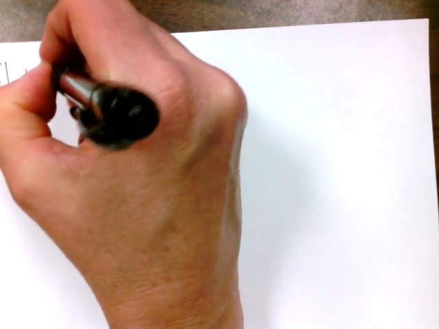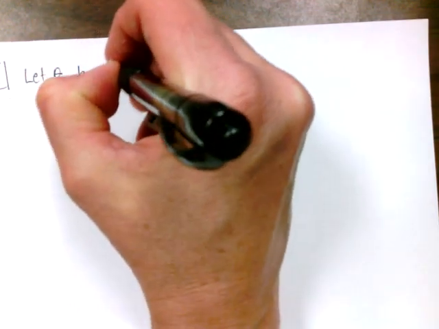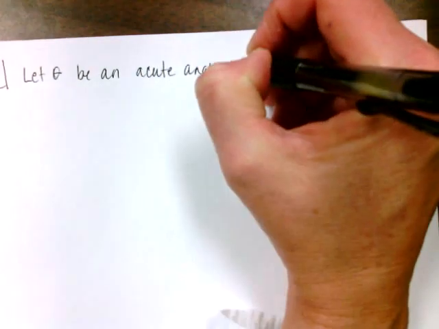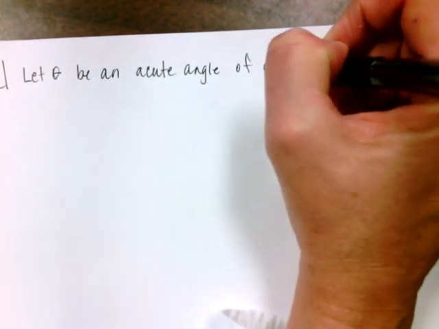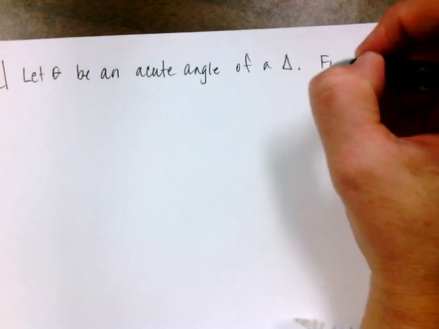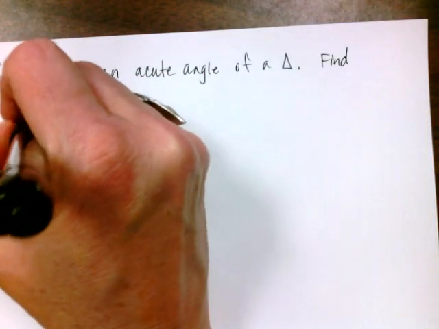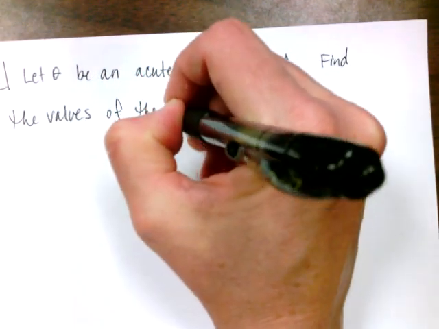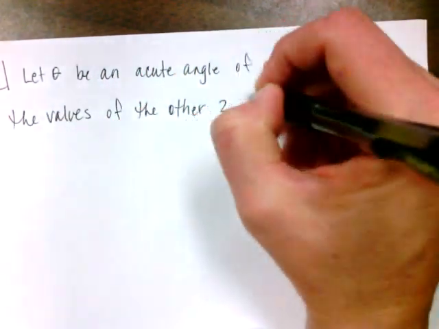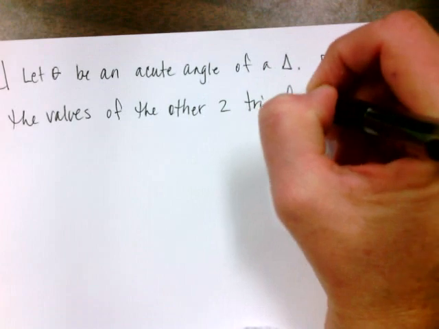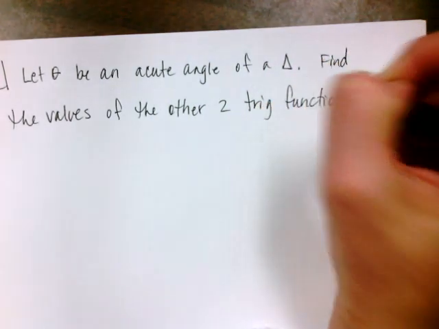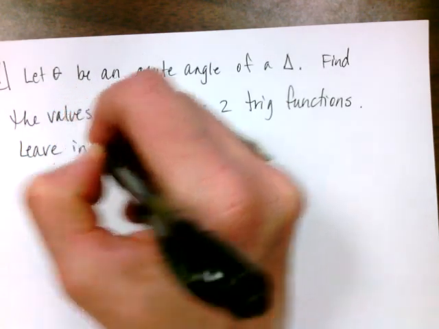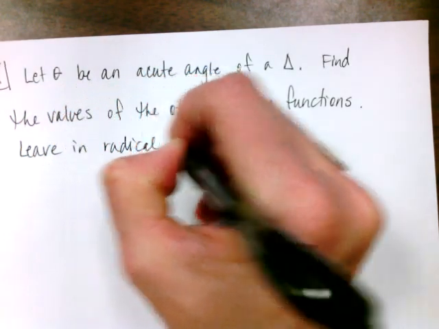It says let theta be an acute angle of a triangle. Okay, find the values of the other 2 trig functions, and I want you to leave your answers in radical form.